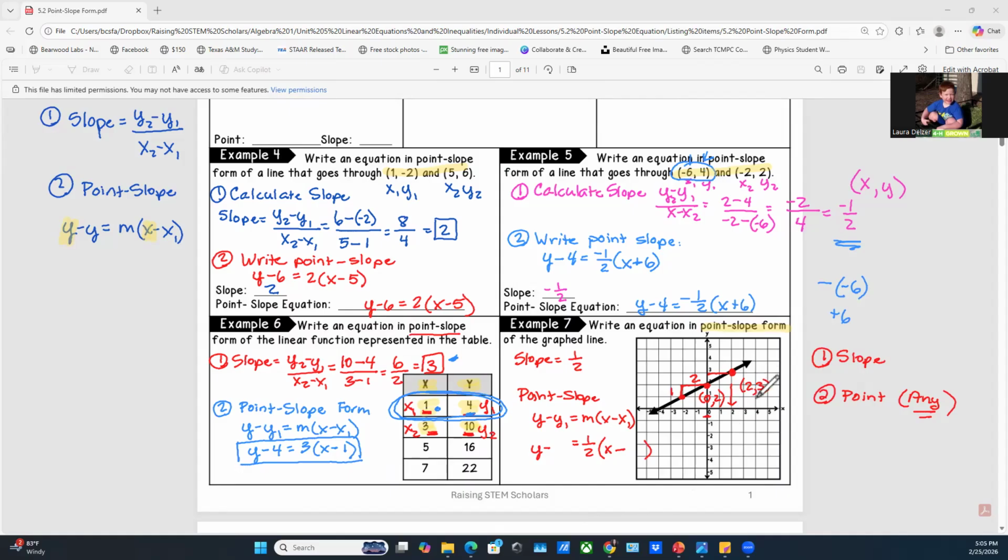I'm just picking 2, 3 because it's kind of away from the congestion here. So we can do y minus my y, which is 3, and x minus 2. Any point we pick on this line, when we put it into this point slope form, it will make the same equation no matter which point we pick.